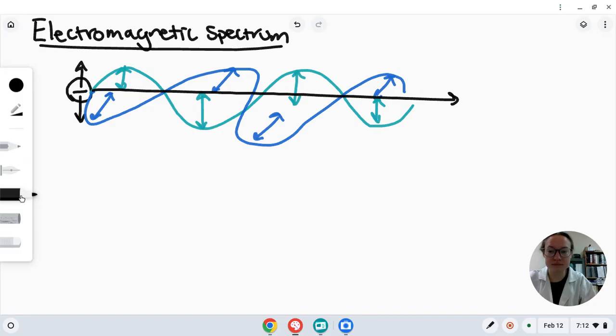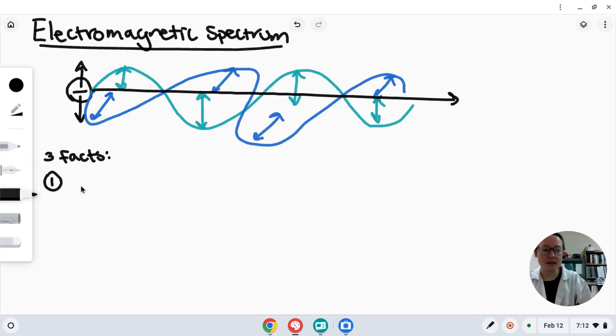There are 3 fun facts that you need to know about electromagnetic waves. Here's the first fun fact.